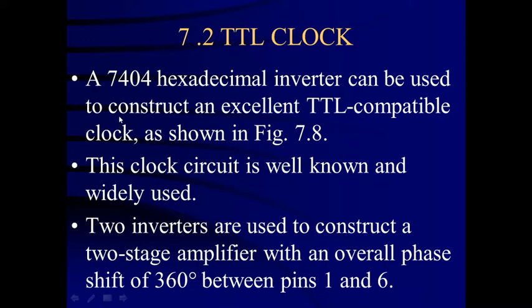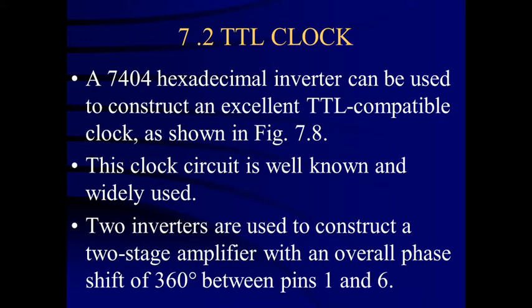Now, using two gates of this IC, that means two inverters in common emitter configuration, there is a 180 degree plus 180 degree, 360-degree phase shift between the input signal and output signal. And this is the requirement for any oscillator circuit. An oscillator circuit requires positive feedback.